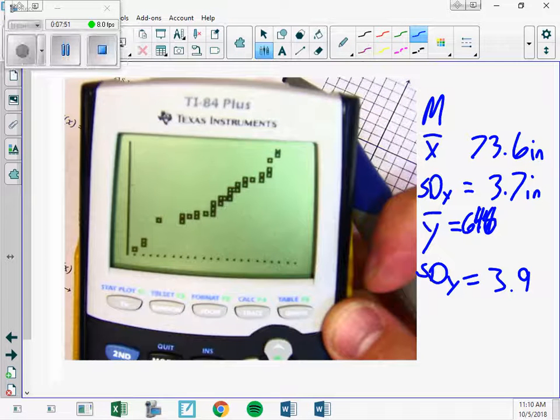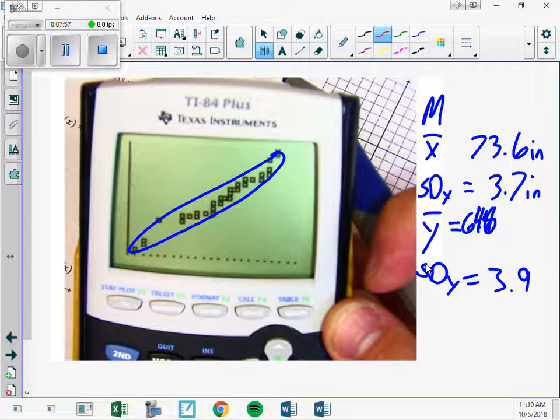Well, I draw my football, and in this case, it's like a frisbee. And the SD line actually runs right down the middle of that football. And the slope of the SD line is simply SDY divided by SDX.